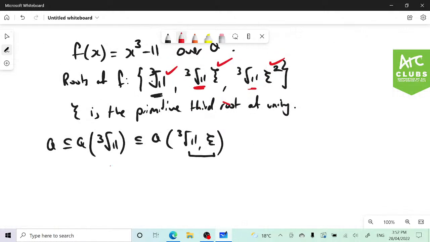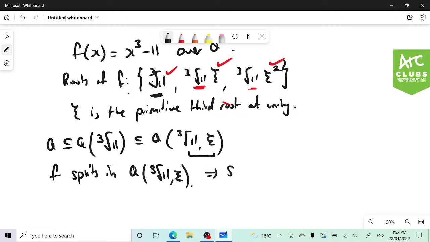So all of the roots belong in this extension field. So f indeed splits in cube root of 11 and this element here. And so what you can see is that this is actually the splitting field of f.